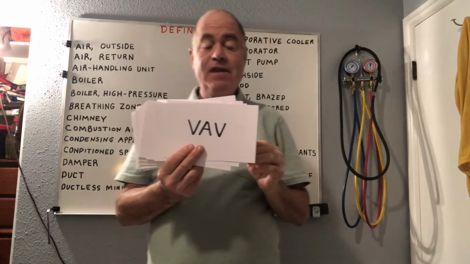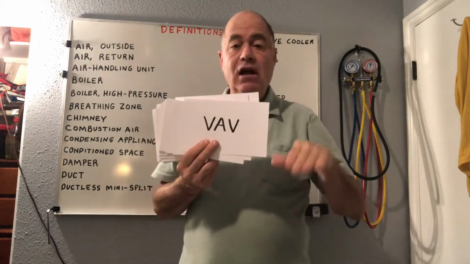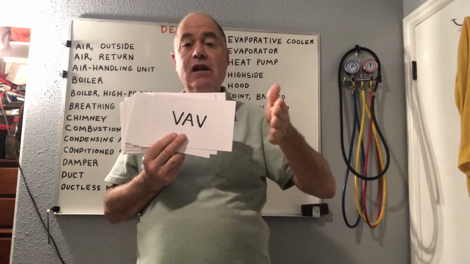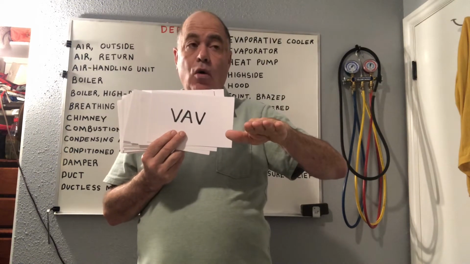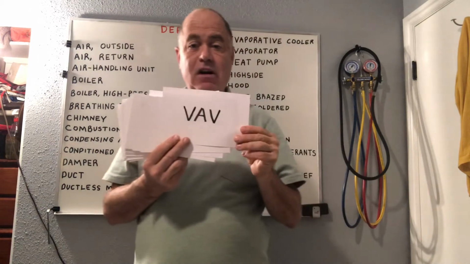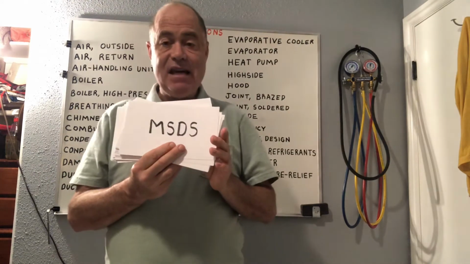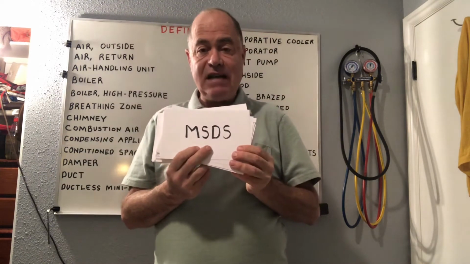Now this is VAV, Variable Air Volume. A lot of times we'll have an automatic type damper that can open or close to let more air in or less air in, as measured in CFM, cubic feet per minute, variable air volume. This is MSDS, or Material Safety Data Sheet.